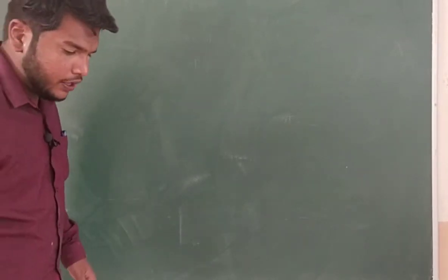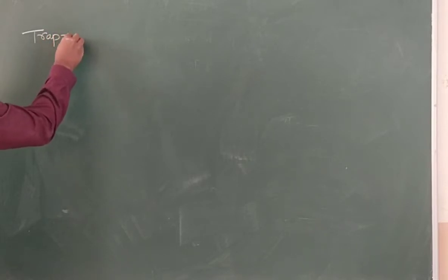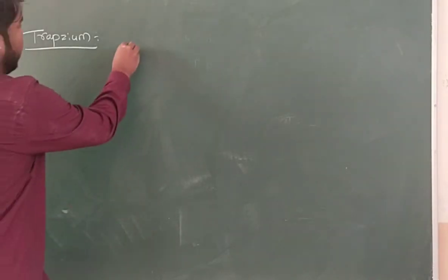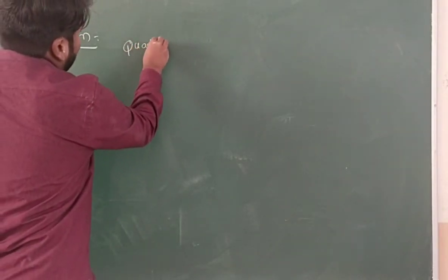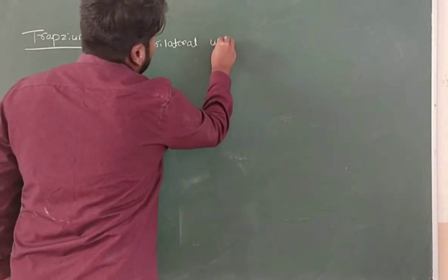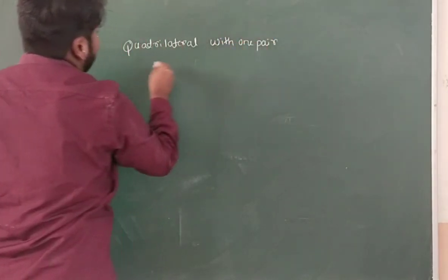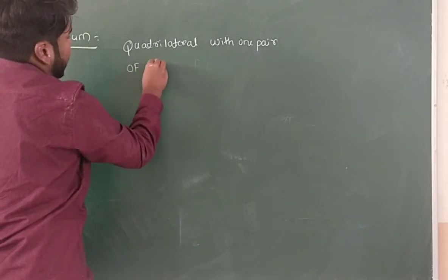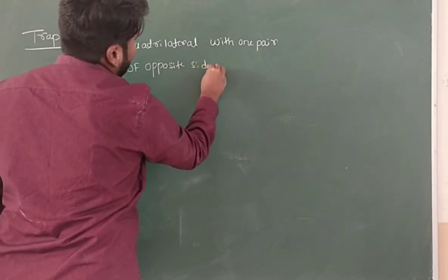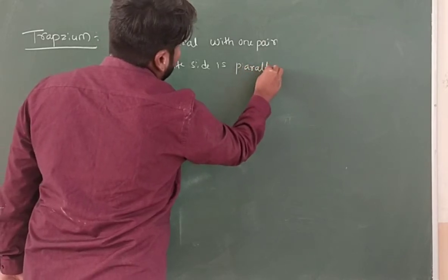Okay, so now you come to the trapezium. Our next concept is trapezium. Trapezium is a quadrilateral with one pair of opposite sides parallel or equal, you can write.